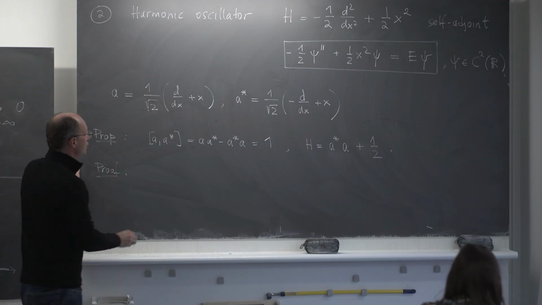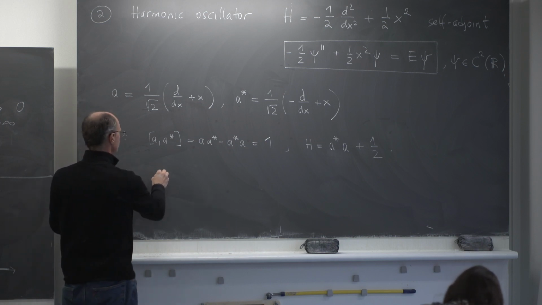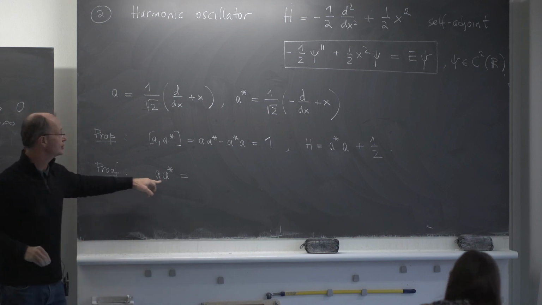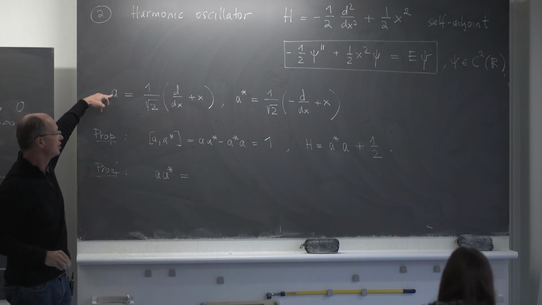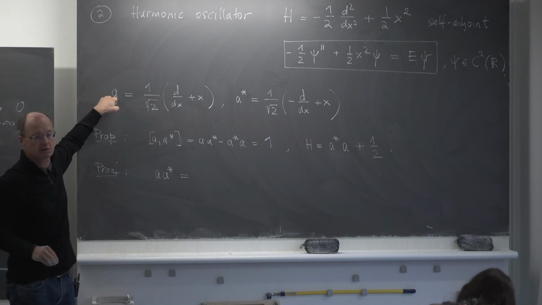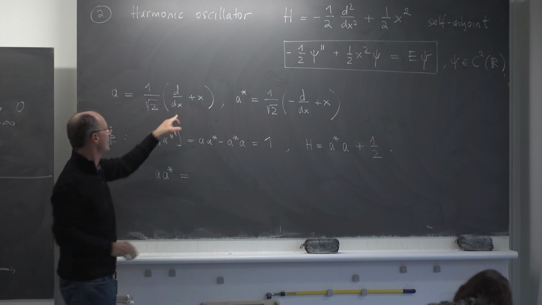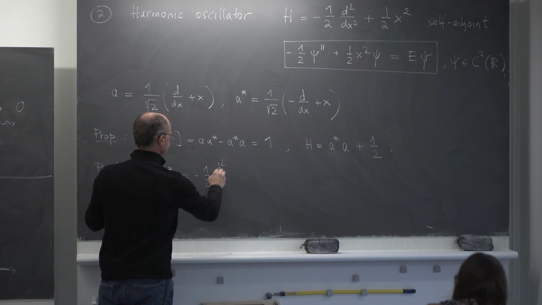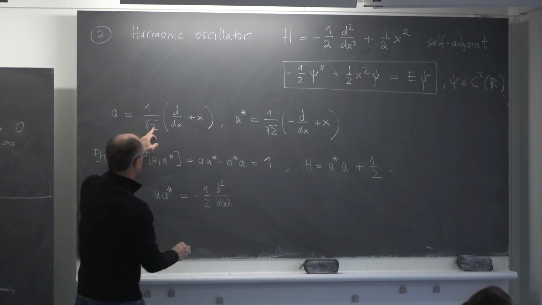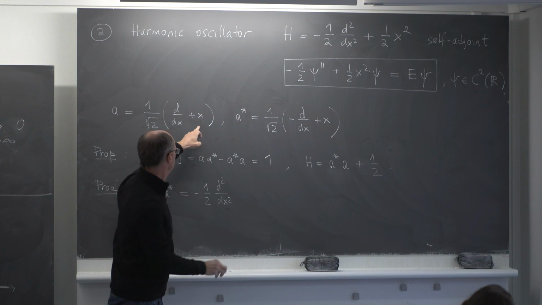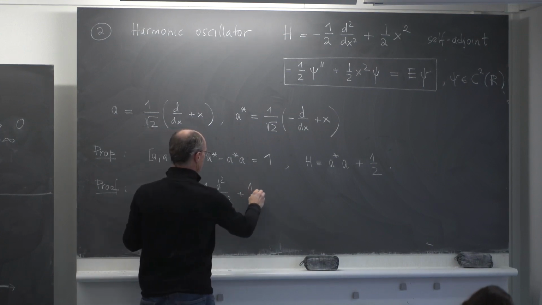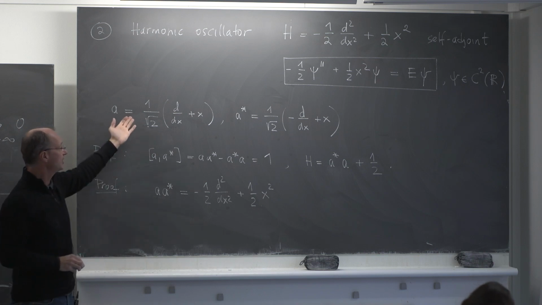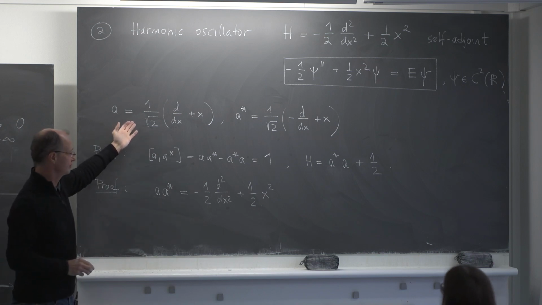Then the proof is more or less obvious. Let me simply write down the composition A A star. What will happen when I compose those two operators? Well, there will be minus 1/2 times the second derivative, plus 1/2 times x squared. And then there will be two mixed terms.